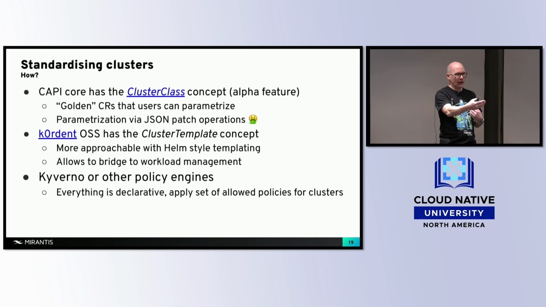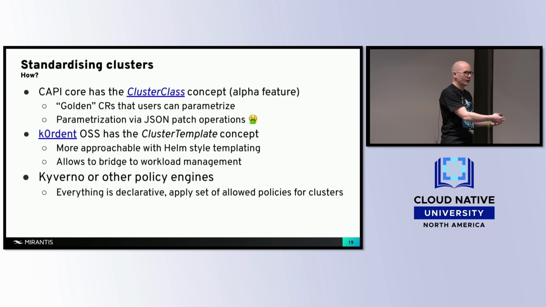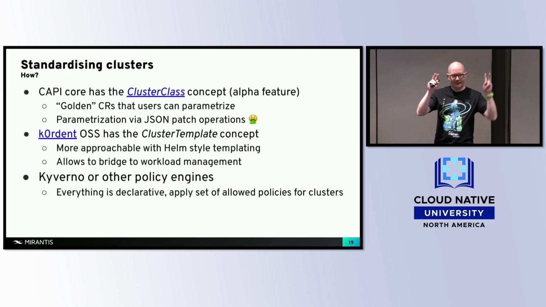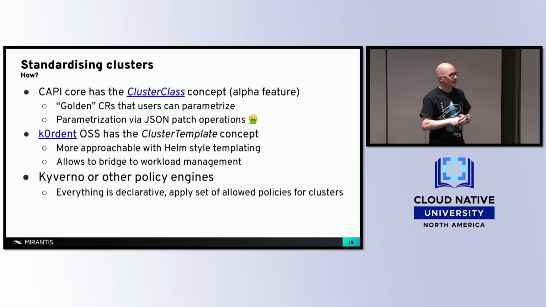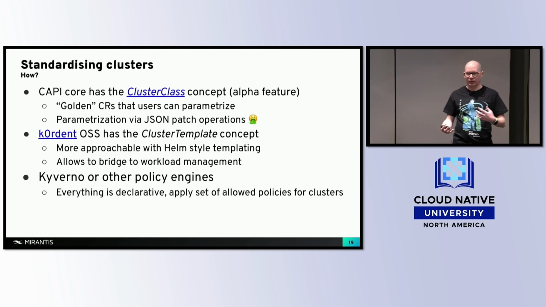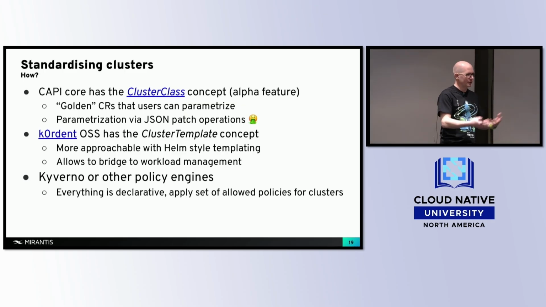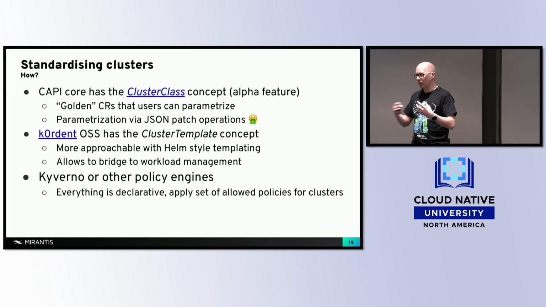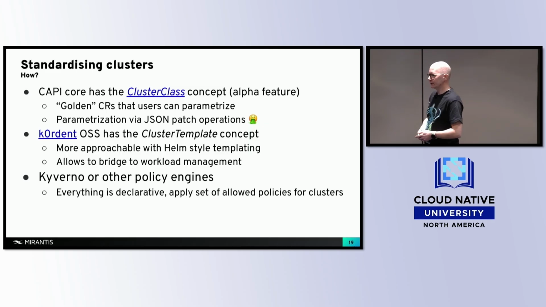Okay, I want to have another one of those clusters, so I just instantiate another one. That's a way you can standardize your clusters. Say you're a platform engineer, you create these custom resources, and your developer teams can then request one of those kinds of clusters.